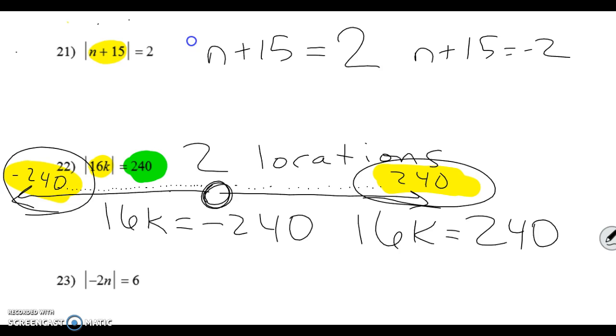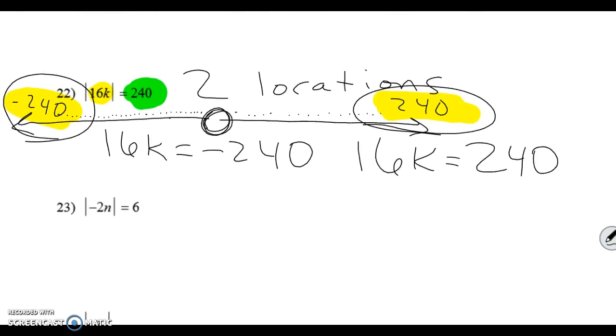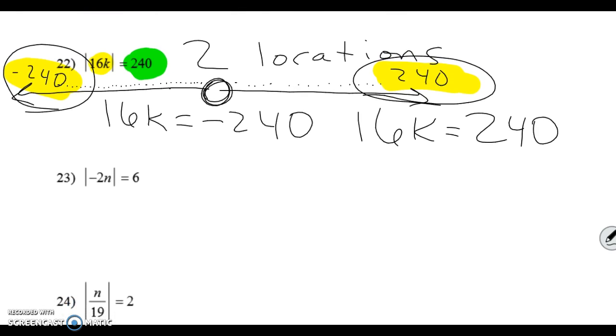And now we have to do the solving. 16K means 16 times K, so we multiply by 16. How do we undo that? Divide by 16. That's right, divide by 16 on both sides.